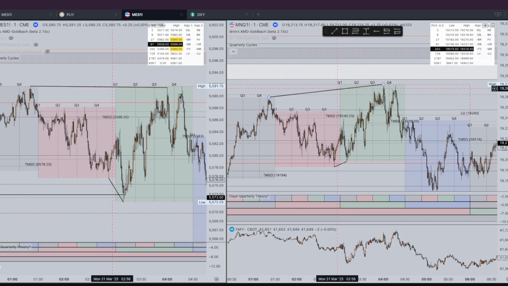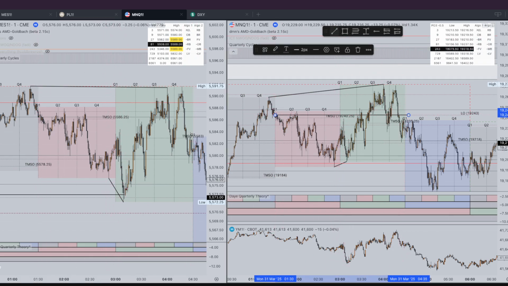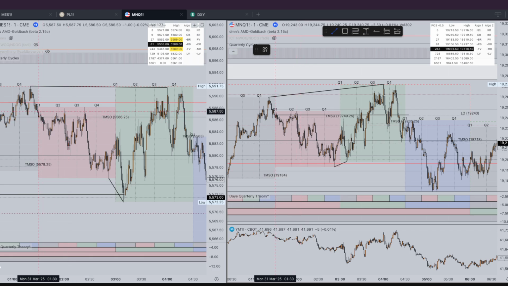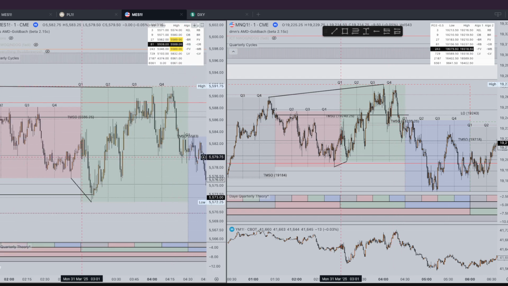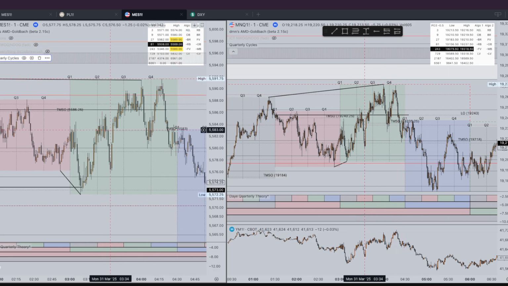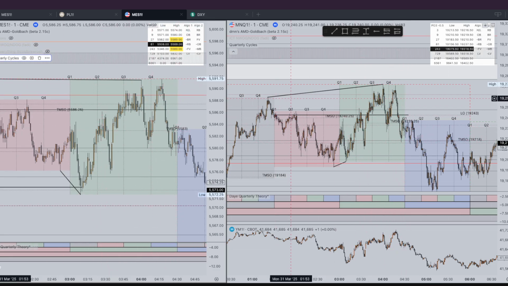So this one. So this is the true open. So true open is also important. And true open of this current quarter cycle is here. This particular thing.